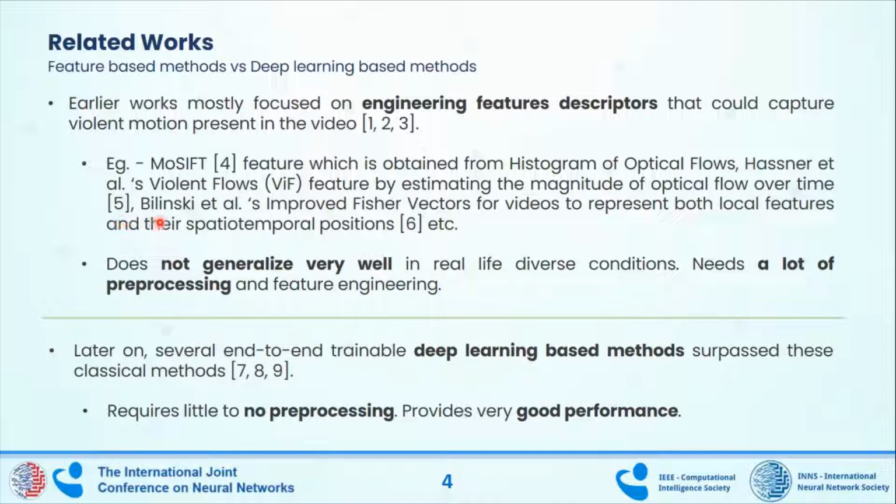Other notable features were Bilinski et al.'s improved Fisher vector for videos to represent both local features and their spatiotemporal positions. But the problem with these feature-based methods is that they do not generalize very well in real-life conditions, and they need a lot of pre-processing and feature engineering. Later on, several end-to-end trainable deep learning-based methods came along and surpassed these classical methods, and they require little to no pre-processing, yet they provide very good performance.